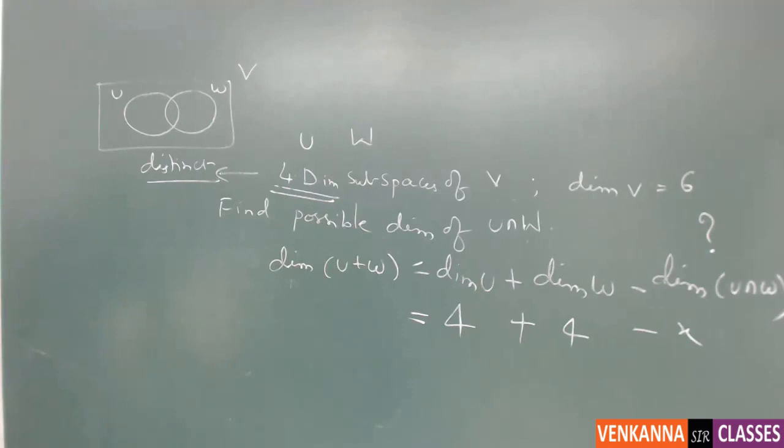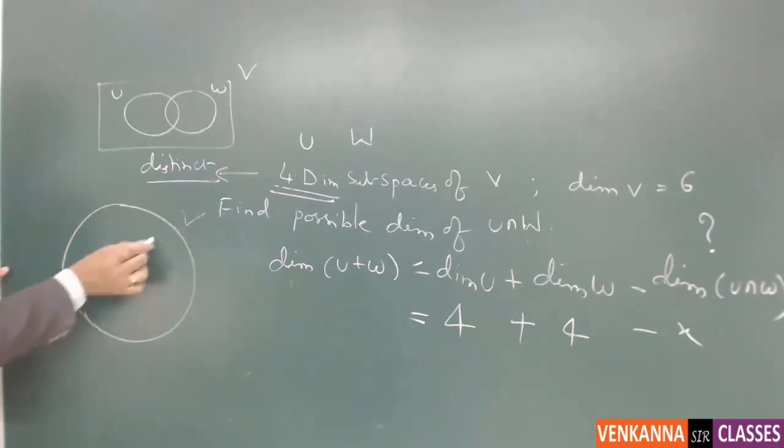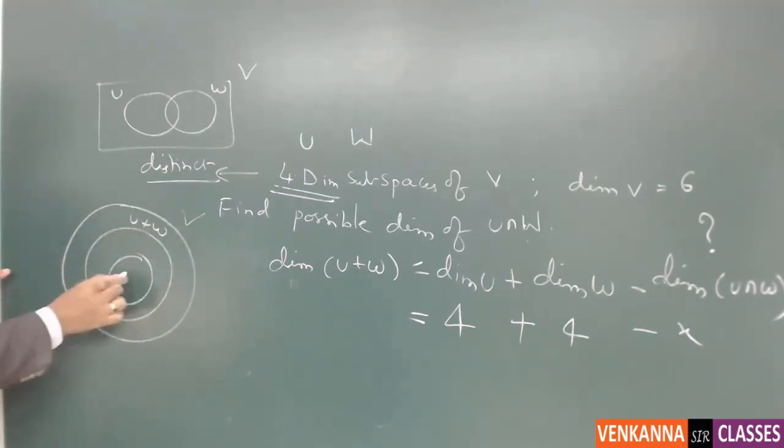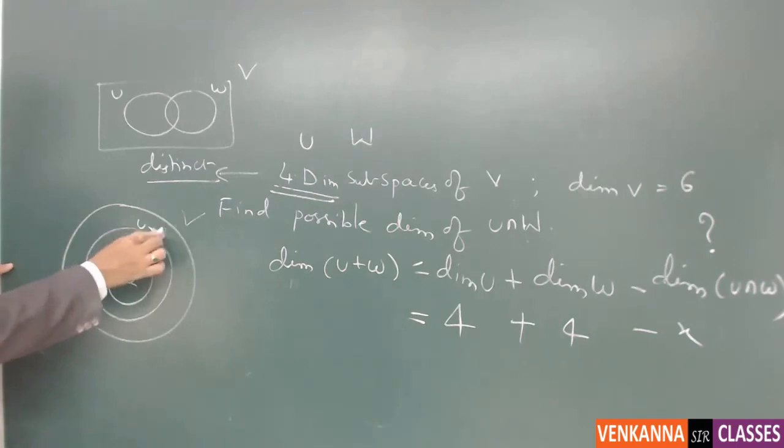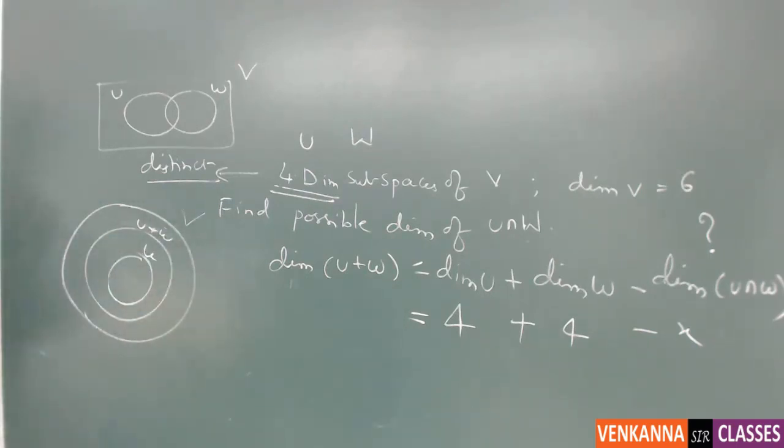So for your convenience, I will give the idea that this is V, this is U plus W and this is U. Here U and W are distinct.